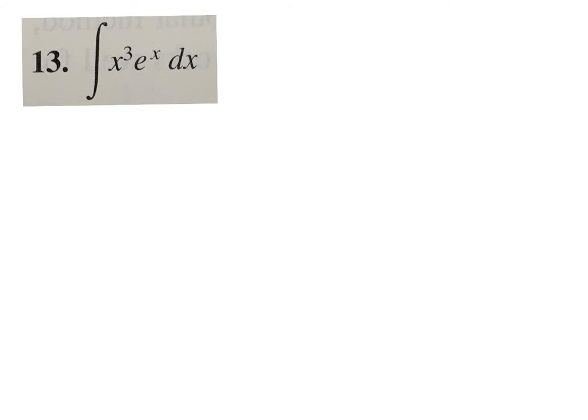So for this one, because e to the x is going to be the same whether you derive it or take the antiderivative, that's going to be your dv. Because if you do the x cubed as your dv, you're going to make it more difficult, right? So for this one, I had my u as x cubed, my du as 3x squared, my dv as e to the x, and my v as also e to the x.